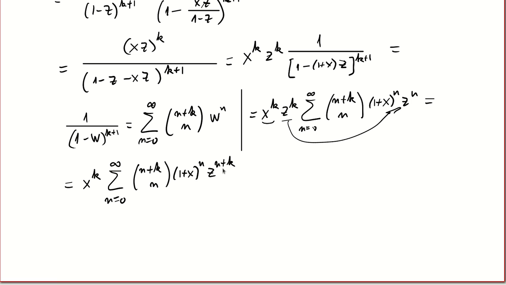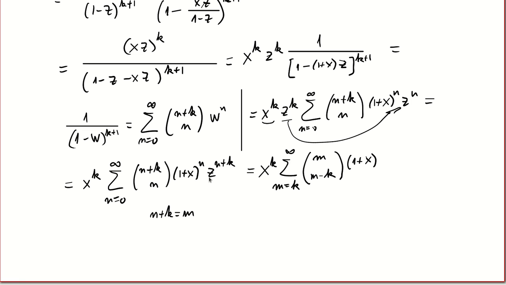And we can change the variable. We can say that n plus k is equal to m, which means that for n equal to 0, m starts at k. Then we have x to k, the sum from m equal to k to infinity of (m over m minus k), because n is m minus k, and then here we have (1 plus x) to the m minus k, and finally z to the m.